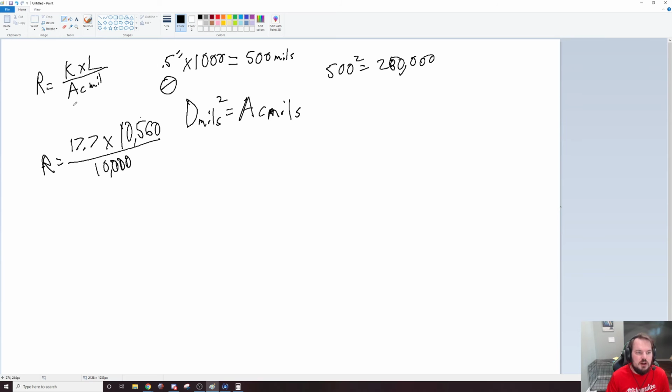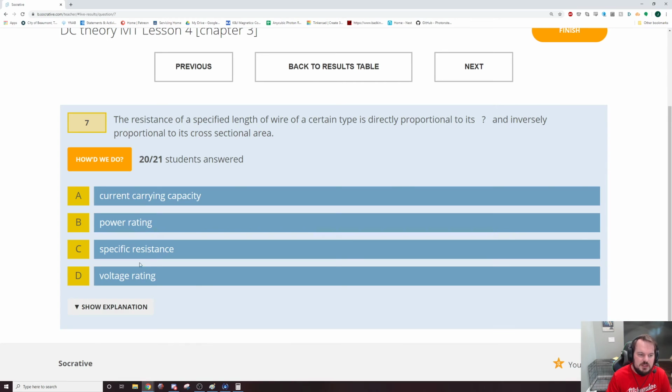If you look at our formula, the K value isn't changing with a specific piece of wire. But the R is directly proportional to L. So if L goes up, R goes up because it's longer. That's pretty common sense. Let's see how we did.